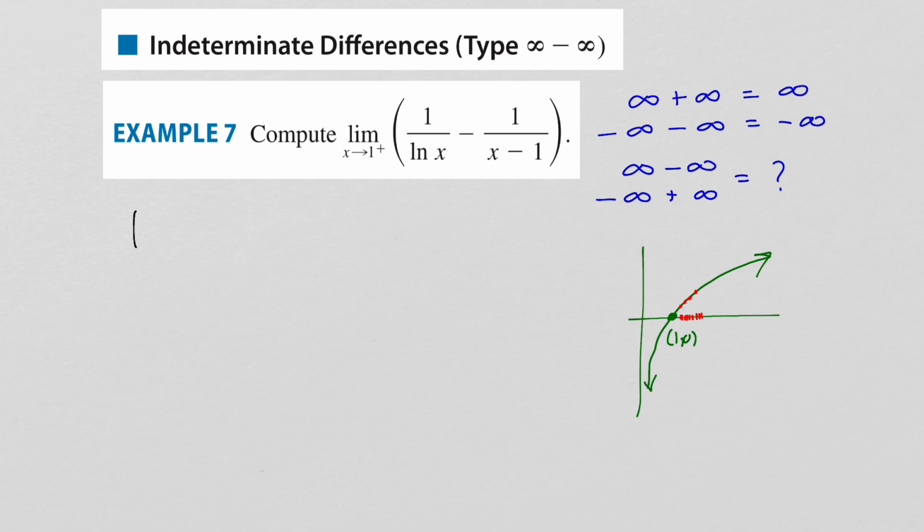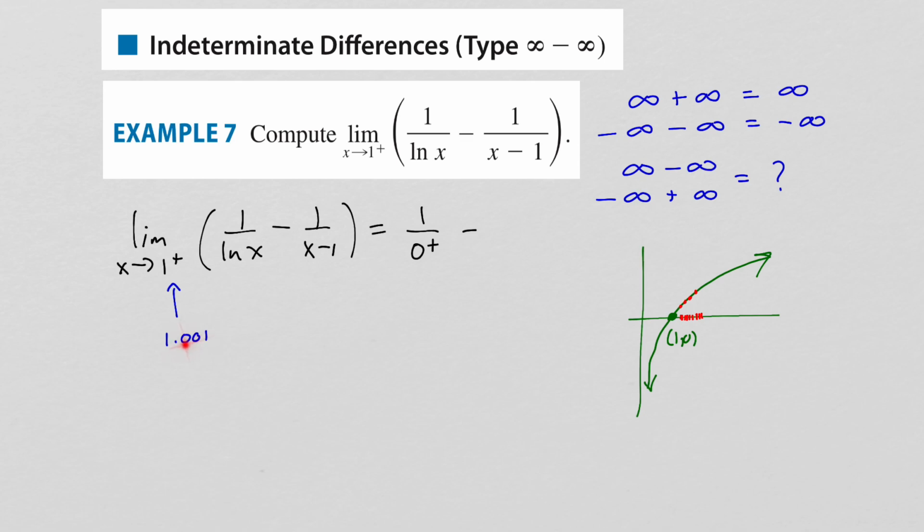So what that means in terms of this limit is that when we take x approaching 1 from the right, what's happening here is we are getting 1 divided by a very small positive number, because that is what happens to the natural log of x. Minus, and then what happens here as x goes to 1 from the right? Think about what 1 from the right means. It means we're plugging in numbers that are very slightly greater than 1, like 1.001, for example.